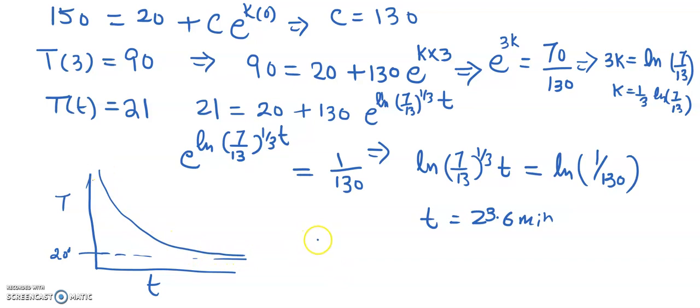So we can give an approximate answer that at about 23.6 minutes it will be almost 21 degrees centigrade, and from there on it will take a very long time, or rather an infinite amount of time, to reach 20 degrees centigrade. It's because of the type of equation we have used, which is an exponential equation, so that's why it will take quite a long time.